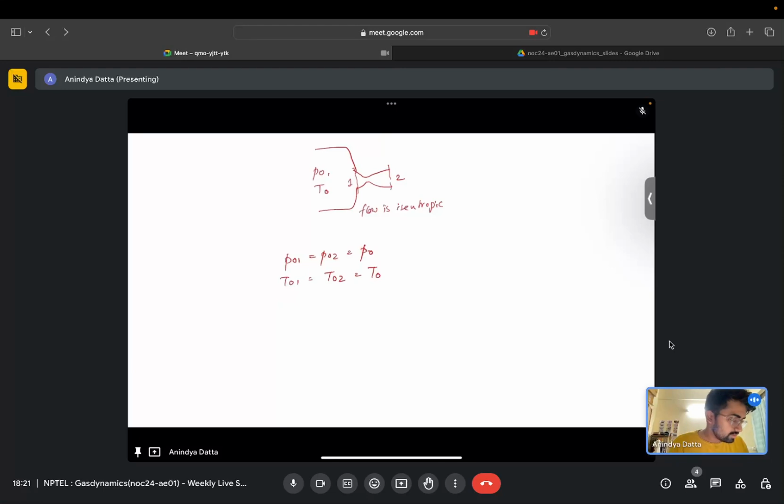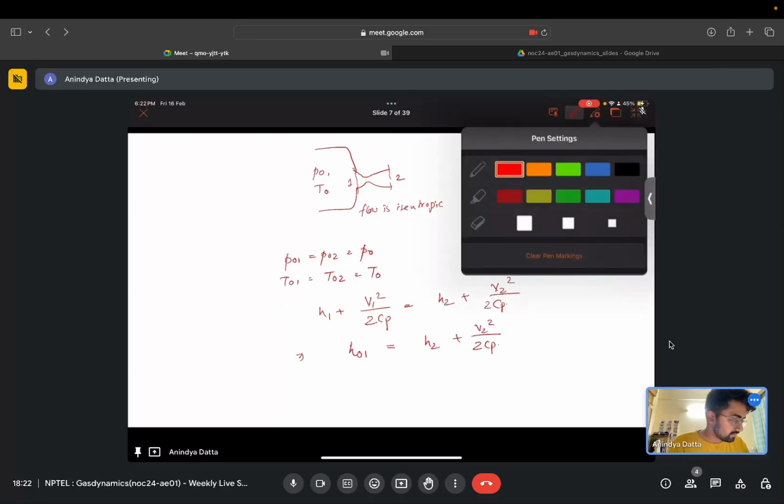If you write the energy equation here, H1 plus V1 square by 2 equals H2 plus V2 square by 2. The left hand side basically becomes your stagnation enthalpy, right? Sorry, I made a mistake here.